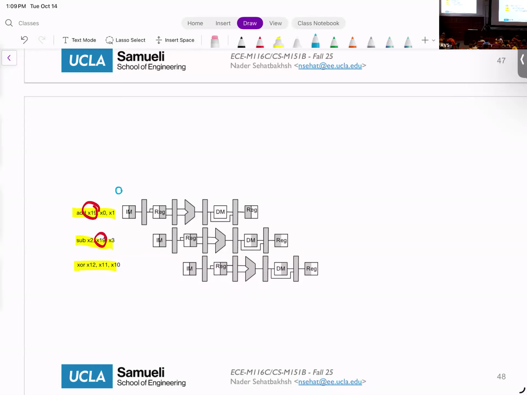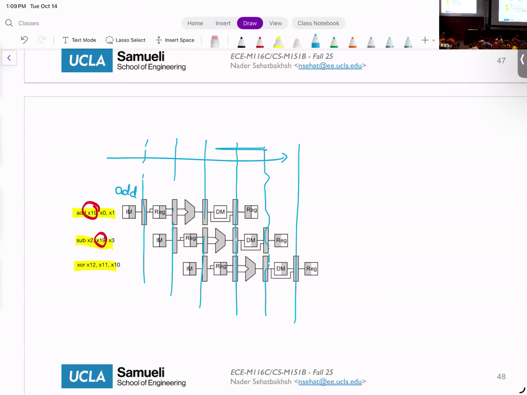Add goes here in the first cycle. Remember, these are your cycles. So add goes here, and your sub comes here. So far, so good. Add moves on, sub again can come here, and your XOR comes here, okay?